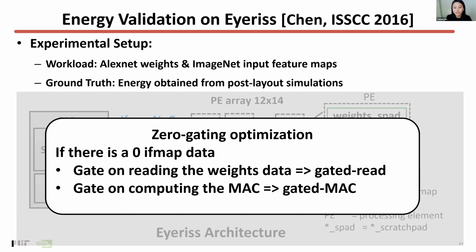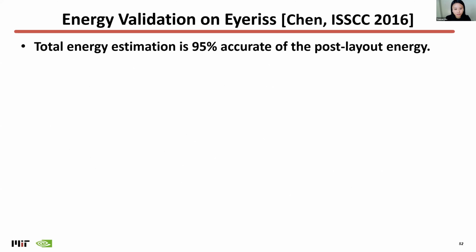And also we want to gate the computing of the MAC because one of the operands is 0. So this results in 2 fine-grained action types, which are the gated read action on the memory storage component and the gated MAC action on the MAC component.